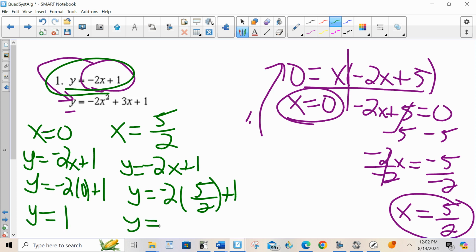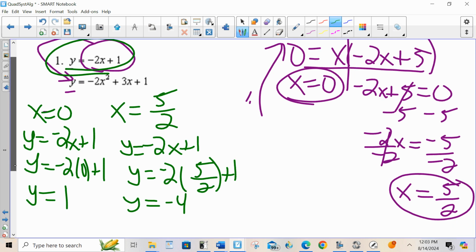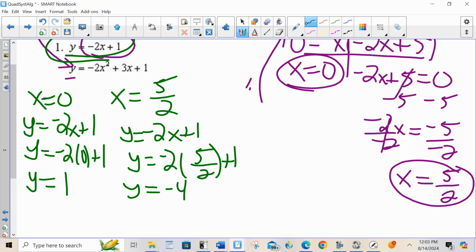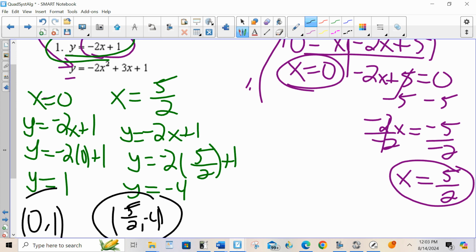And that is negative 4. So my answers: when x is 0, y is 1. And when x is 5 over 2, y is negative 4. And instead of 5 over 2, if you wrote 2.5, that's fine as well.